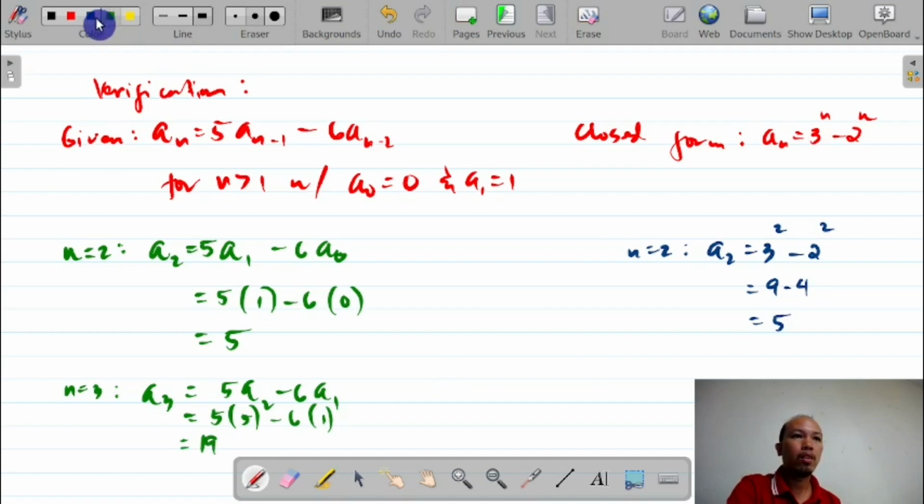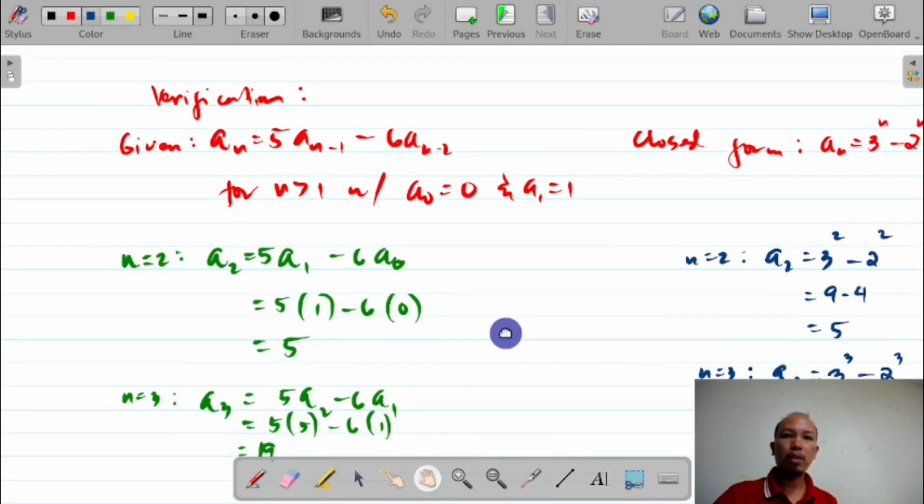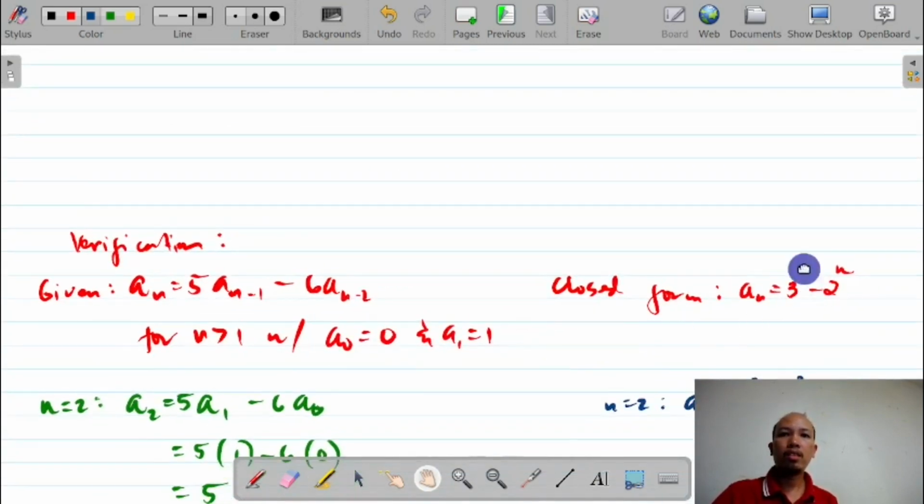How about the closed form? A sub 3, we have 3 to the 3 minus 2 to the 3. This is 27 minus 8, which is 19, and they are equal. So you can extend it more if you don't believe me. This is the closed form.